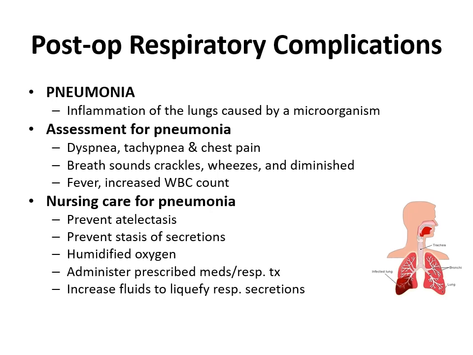So we prevent it first and foremost, but if we already have it, we need to treat it. So we have to prescribe the medications to treat it, which are typically, since it's bacteria, antibiotics, but you can have other organisms. We want to increase fluids to thin out the secretions. We want to give oxygen as needed as well.